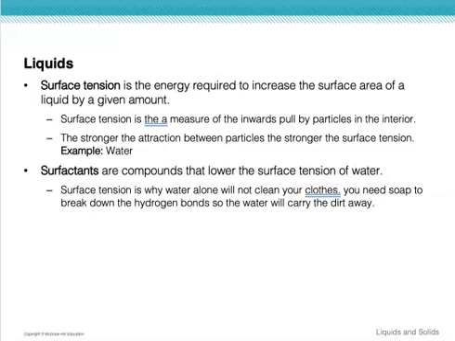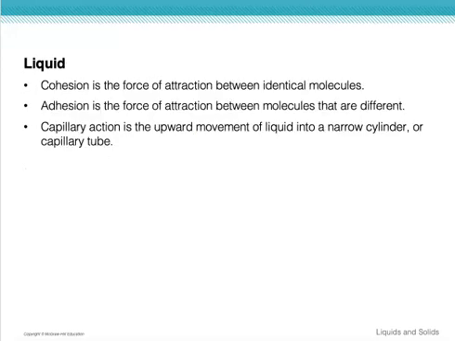That's why we use soap to clean things, is it breaks down those hydrogen bonds of the water so that the water can lift the dirt out of our clothes, off of our hands, and get it washed down the drain. So soap is a very common surfactant. In fact, you'll look at that in some of the other videos that I post.